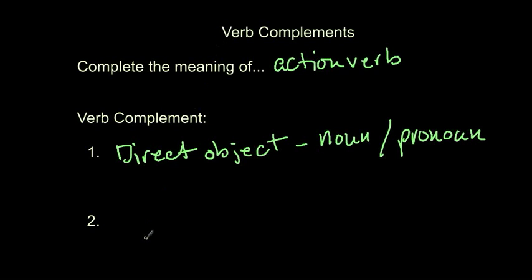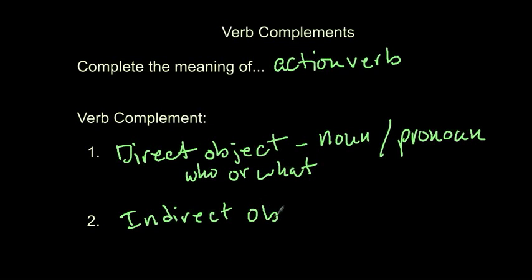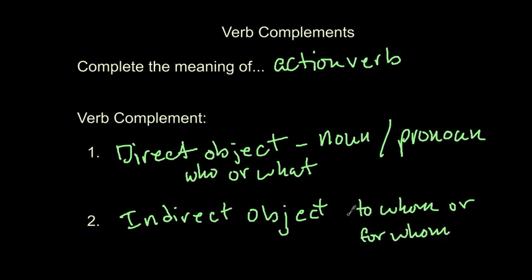Now, a direct object is when an action verb has an object, when that action is going somewhere. Now, the direct object answers who or what receives the action. The indirect object answers the question to whom, or for whom the action was done.